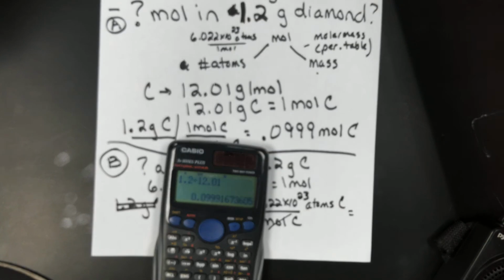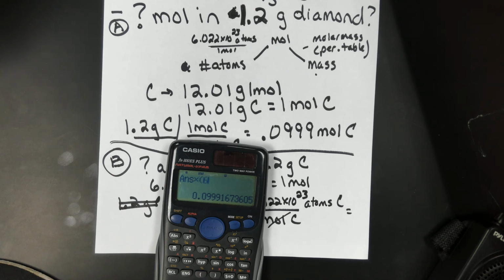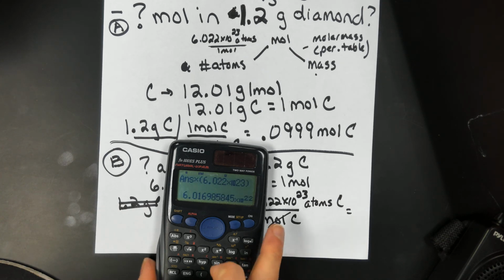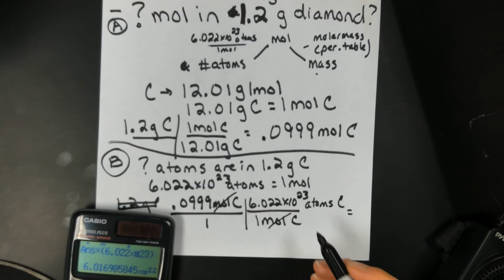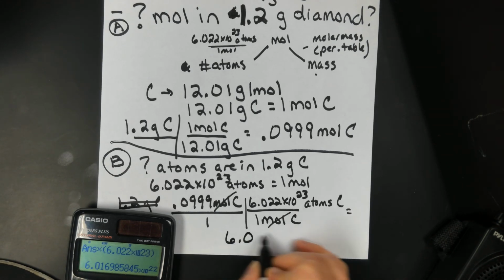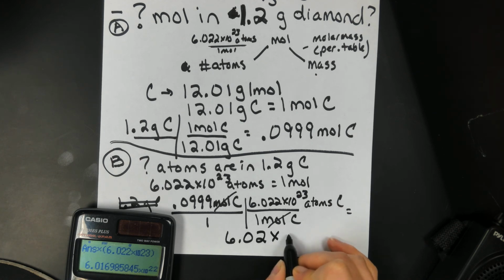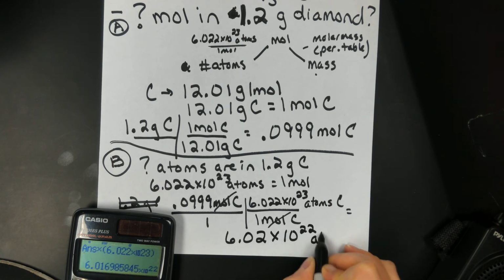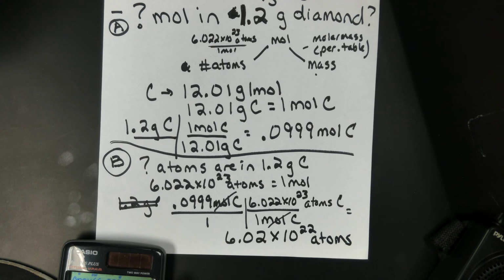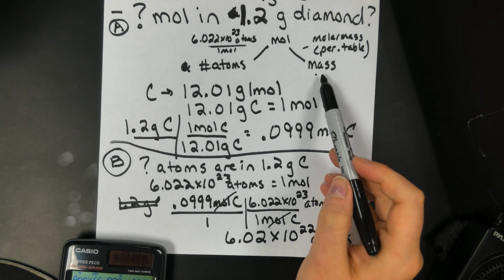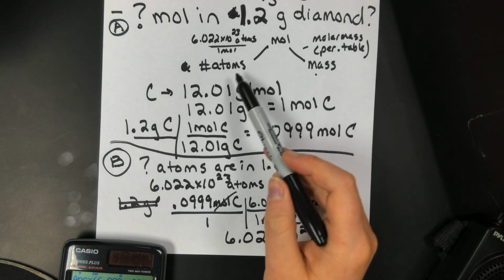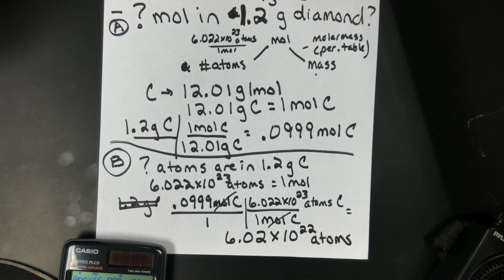I take this number and multiply it by 6.022 times 10 to the 23rd. I get, actually, 6.02 times 10 to the 22 atoms. So that's how you go from mass to moles and then finally to atoms. Give it some practice. Good luck.